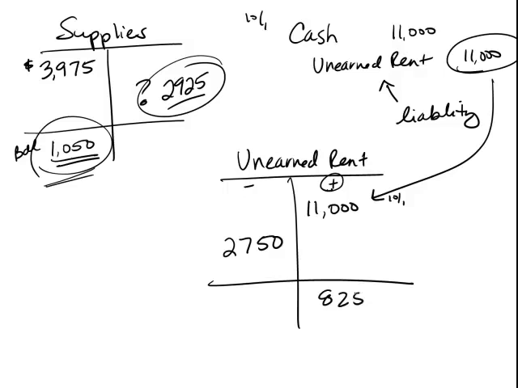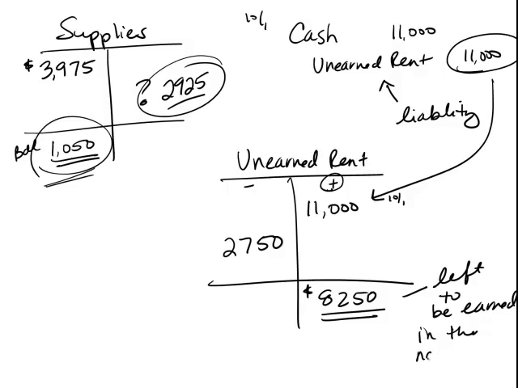That makes our balance $8,250. And this is what is left to be earned in the next 3 months. So over the next 3 months, we're going to take $2,750 each month out of this unearned rent account and switch it into a rent revenue account.